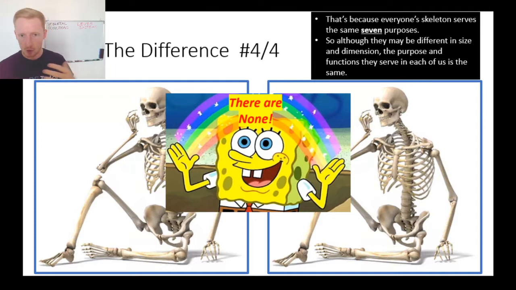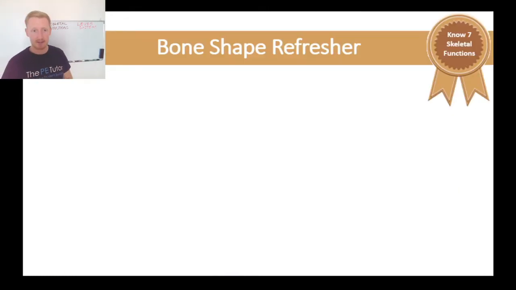It doesn't matter which skeleton you're observing or analysing. All skeletons, all bone, serve the same 7 purposes. They might look different, but the roles they serve in that person's body remain the same. And they're the 7 purposes that we're going to be looking at today.